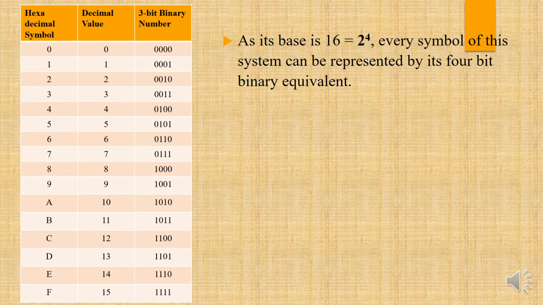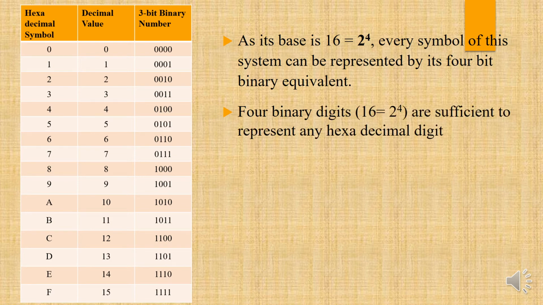Because 8 can be written as 2 to the power 3, right? But here in hexadecimal number system the base is 16, so 16 can be written as 2 to the power 4, right? So that is why we are saying that every symbol of the system can be represented by its 4-bit binary equivalent. 4 binary digits are sufficient to represent any hexadecimal digit.